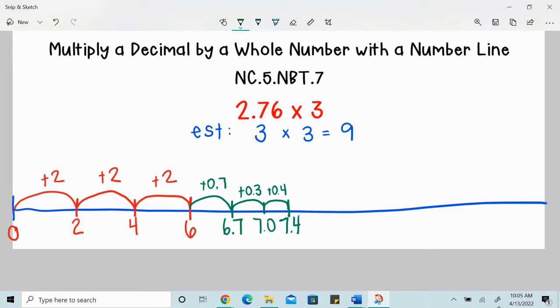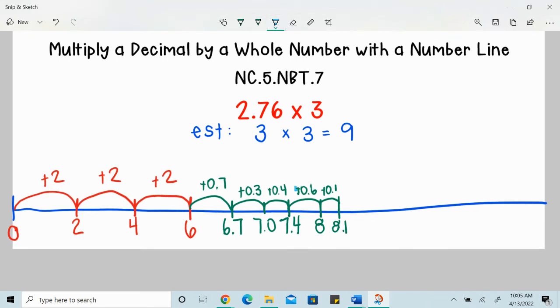Now I need to jump another group of 7 tenths because I need 7 tenths 3 times. And again, it might be easy for me to decompose this rather than just trying to jump all 7 tenths at once. I know that if I made a jump of 6 tenths, I could get to the friendly number of 8 wholes, and then I would have 1 more tenth left to jump, and I would be at 8 and 1 tenth.